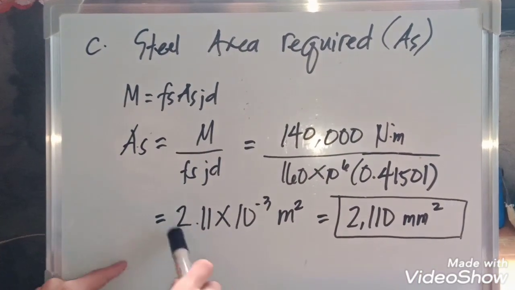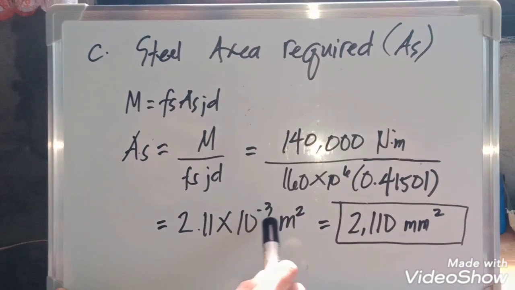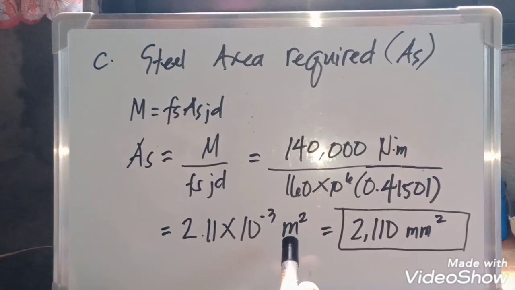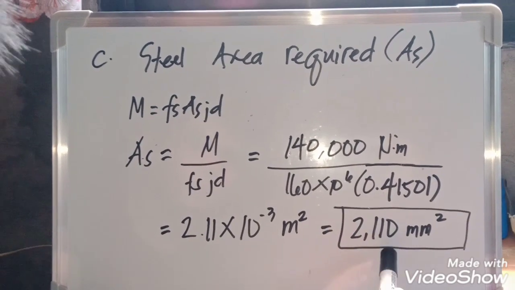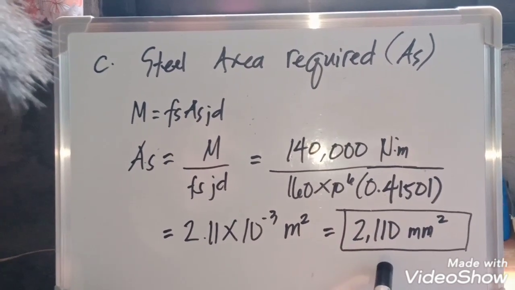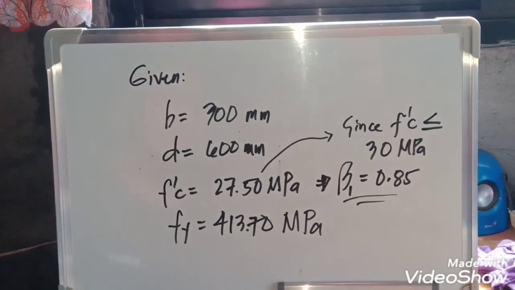The result is As equal to 2.11 times 10 to the power of negative 3 m squared, or equal to 2,110 millimeter squared.